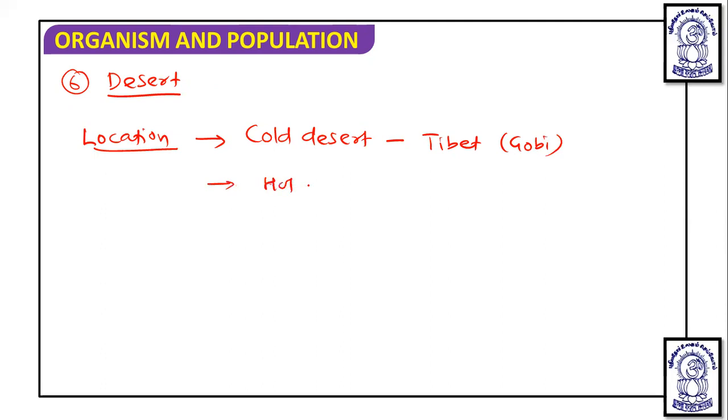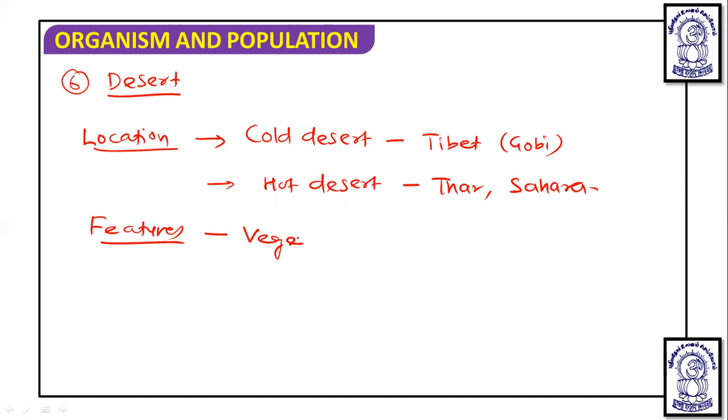Then the hot deserts, which are the Thar and Sahara. Now, when we talk about the features of this biome, that is desert, we come to know that the vegetation is less, meaning vegetation is sparse.